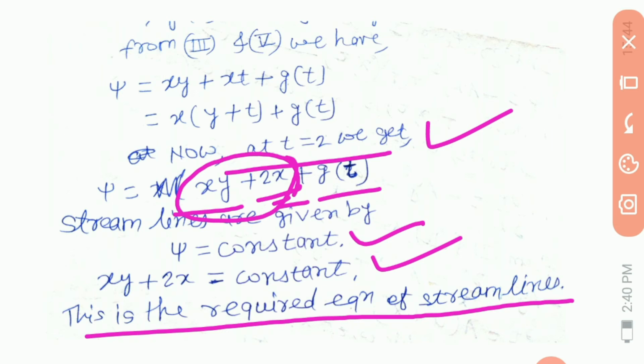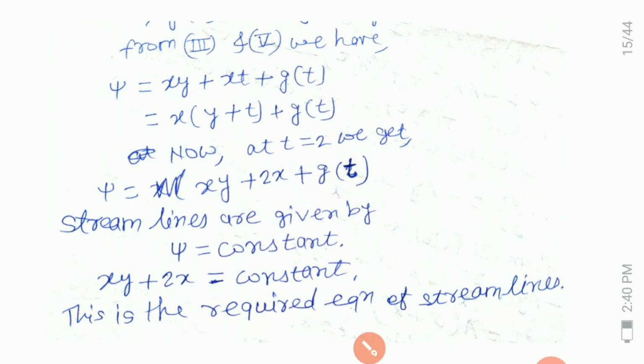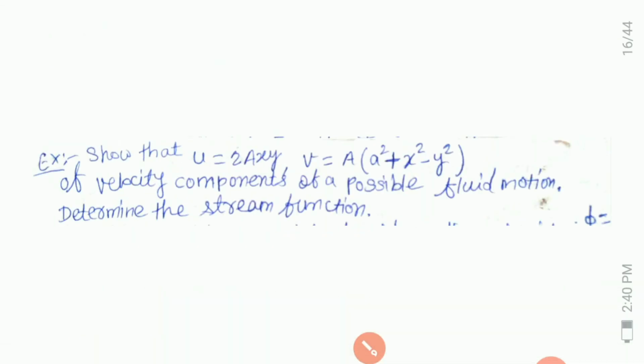Let us see another example. Show that u is equal to 2axy, v is equal to a in bracket a square plus x square minus y square are velocity components of a possible fluid motion. Determine the stream function.